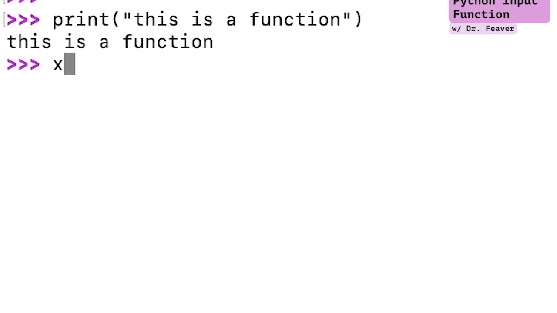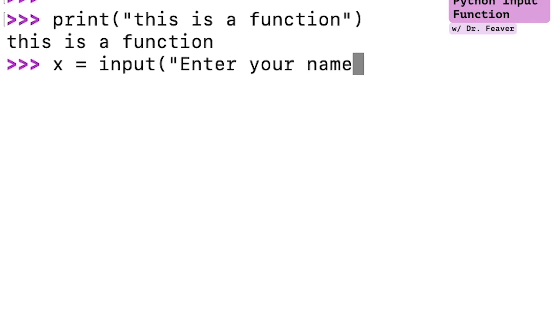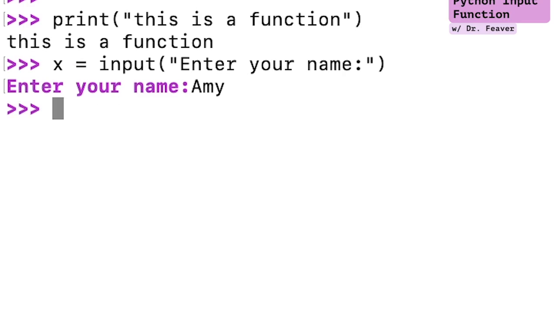So, an input function allows user input to be given. I'm going to see how this works in the terminal. So say I have x equals, and then I say input, enter your name. You'll see when I hit enter, I'm prompted to enter my name, and then I'm going to say Amy. That's my name.